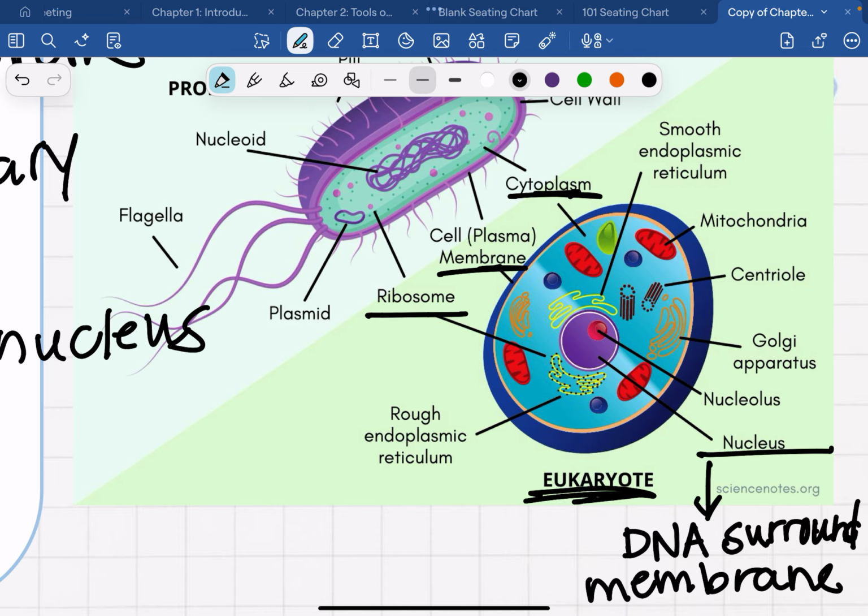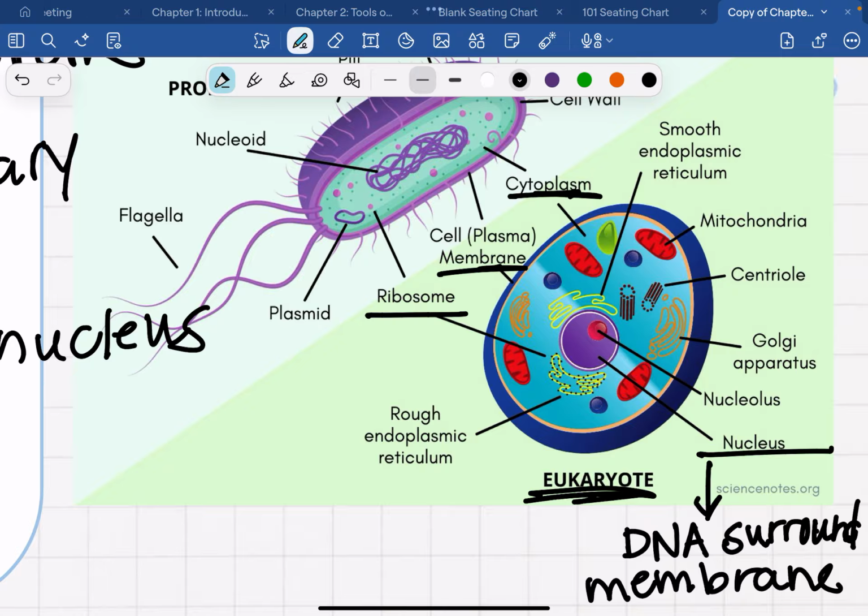So eukaryotic cells have a plasma membrane or a cell membrane, which is the outer boundary of what makes the cell, right? It's around the outside. It's like the eggshell. It's the outer part. Inside of every eukaryotic cell, there is a separate membrane. It's called the nuclear membrane, where the DNA is.